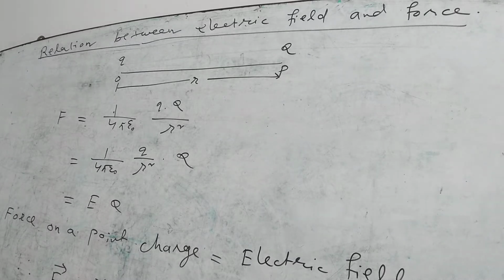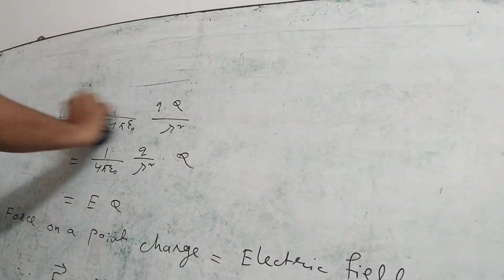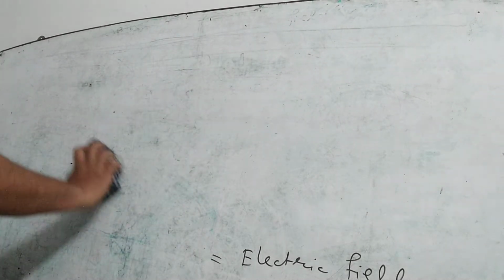Now I am going to define electric dipole and electric dipole moment. What is an electric dipole? When two charges having the same magnitude but opposite in nature are separated by a certain distance, this system is known as an electric dipole.